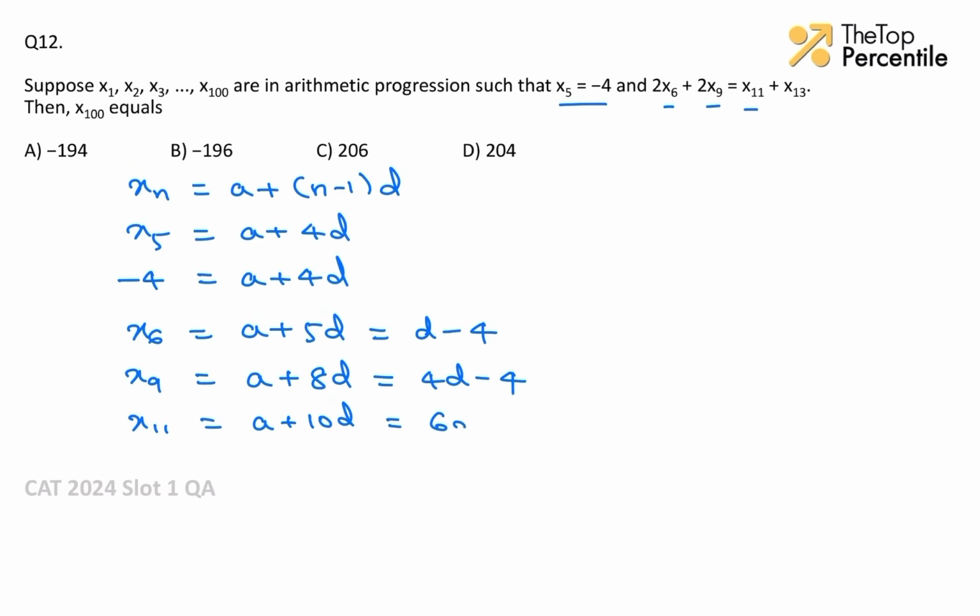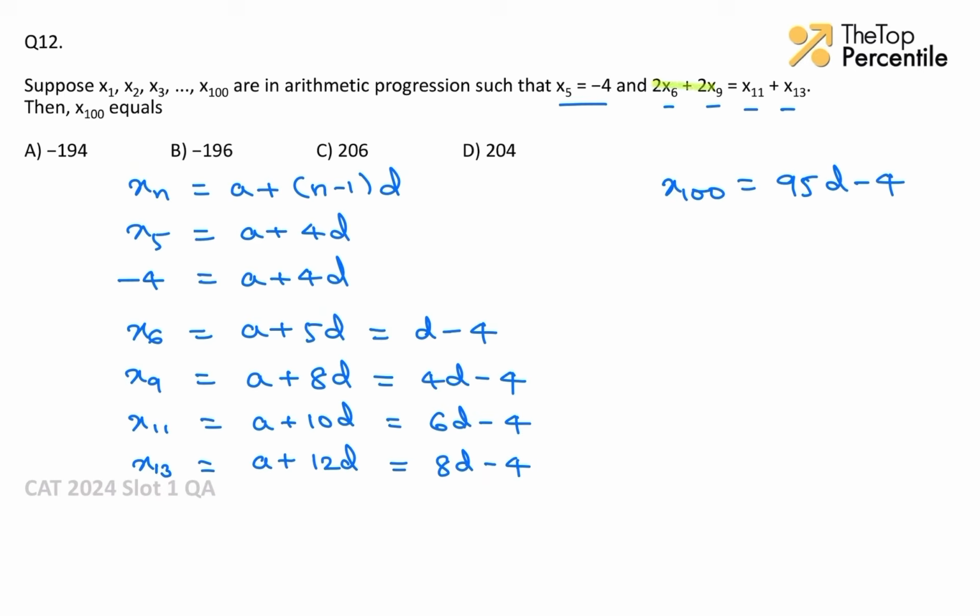This will give me 6d minus 4, and at last let's take x13. This will be a plus 12d. This will give me 8d minus 4. I can even write x100 as a plus 99d, so x100 can be written as 95d minus 4. Okay, so I'll keep it for later on.